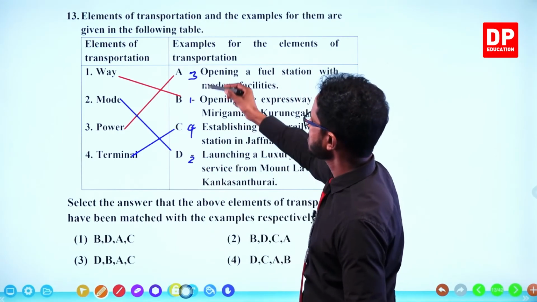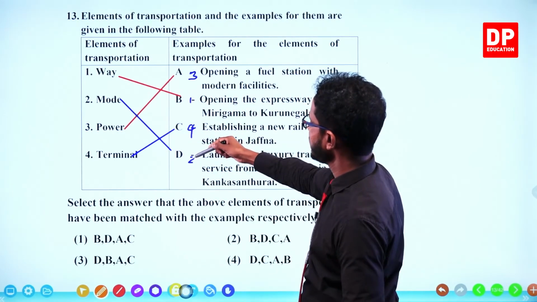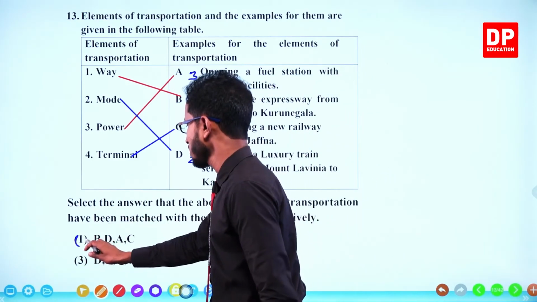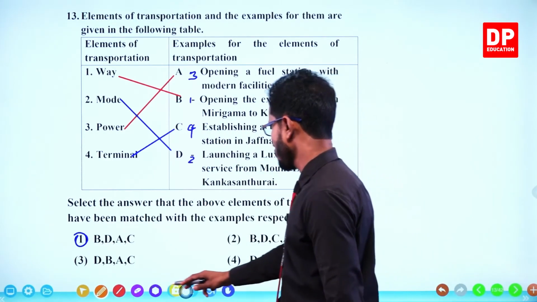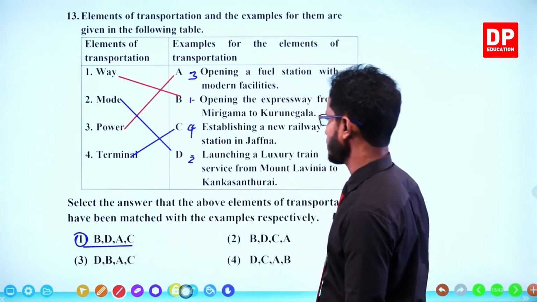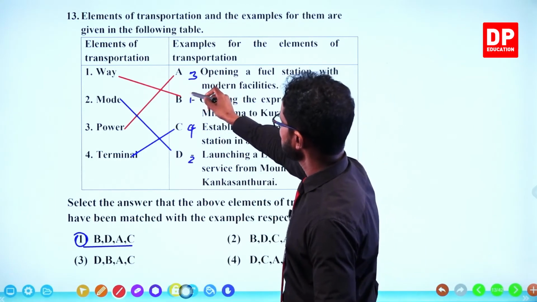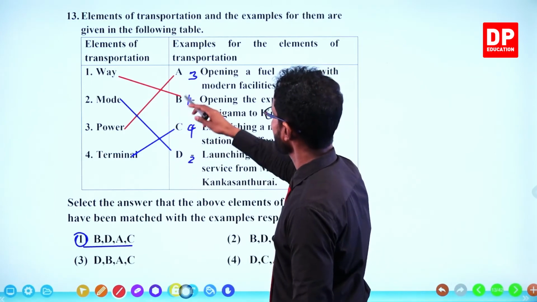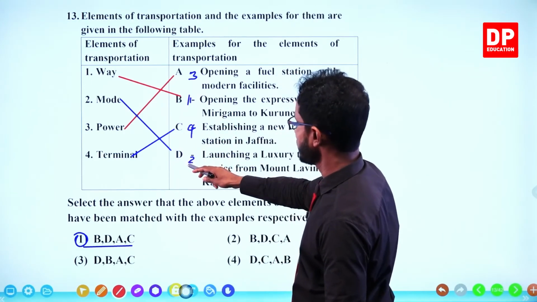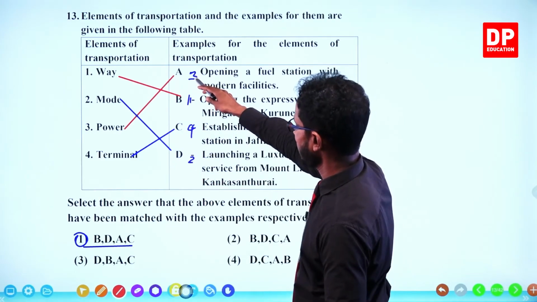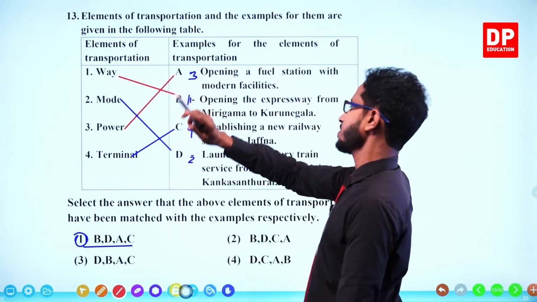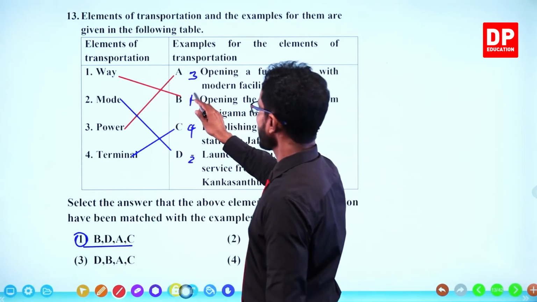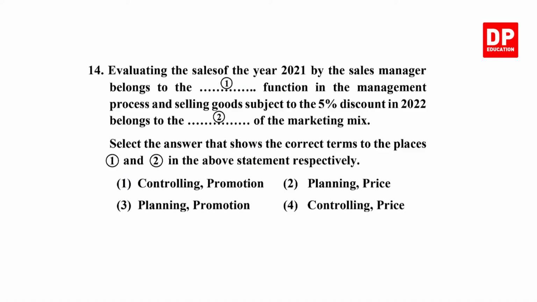So it should come as B, D, A, C. BDAC, the very first answer. First is B, second is D, third is A, fourth is C. Got it. That is it. Right.